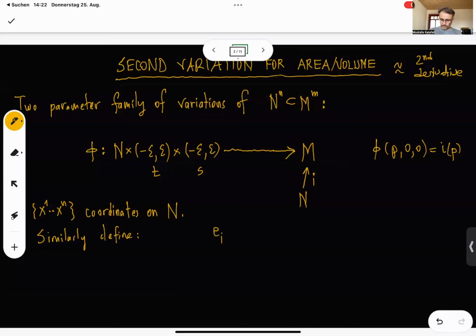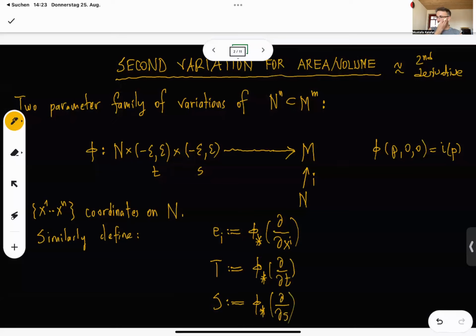So E_i, a standard coordinate vector field, is just going to be phi star of partial x_i, and the first variational vector field T is phi star partial t, and the second one is the image of partial s, so the image in the second direction.